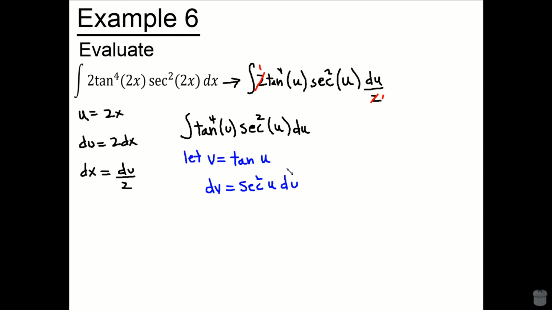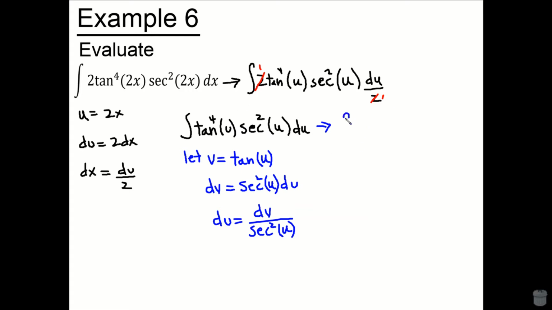Since the du is here, I need to solve for the du. The du equals dv over the secant squared of u. Don't forget my little parentheses in here. Hopefully this color coding helps to distinguish which one is which.